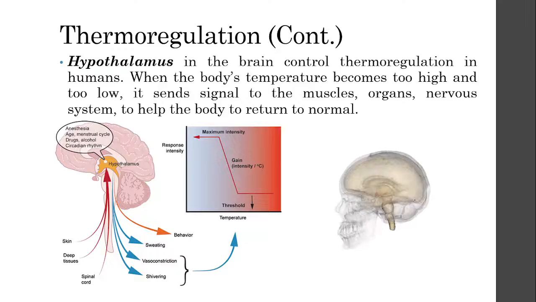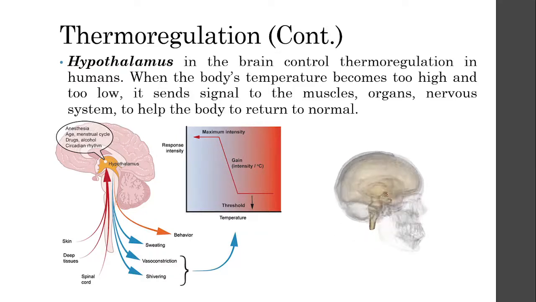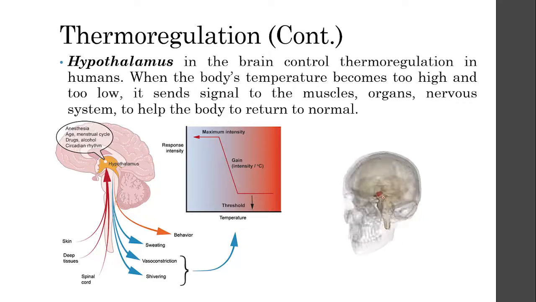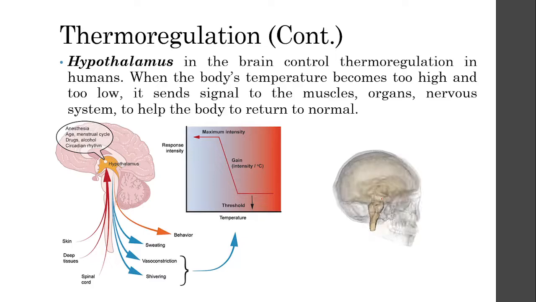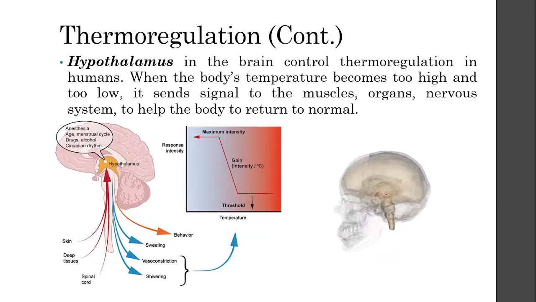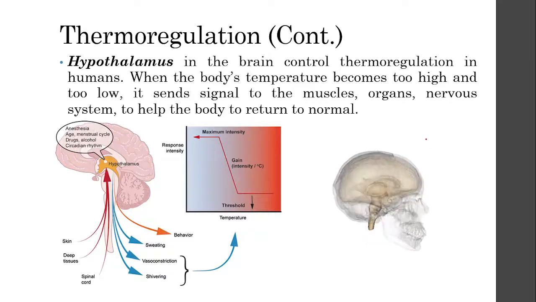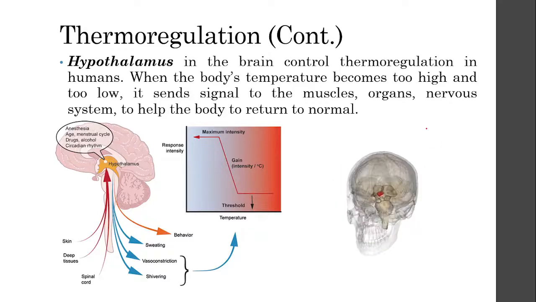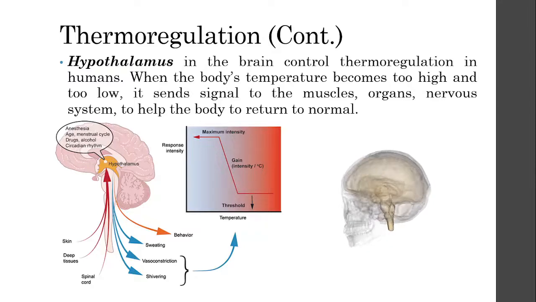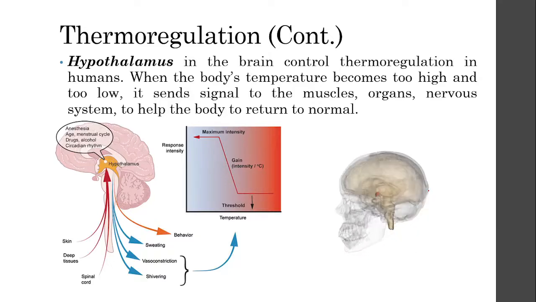So if you see the red right there, that is the hypothalamus, found very inside your brain. It is found just underneath the thalamus and above the pituitary gland, and it actually has a lot of functions. One of its functions is that a lot of your drinking and your eating is regulated by it. A lot of our thermoregulation is also regulated by the hypothalamus.